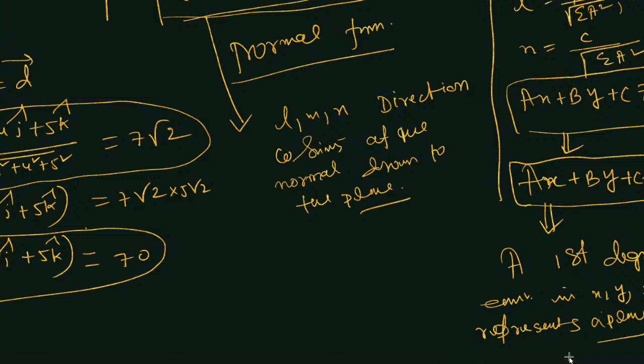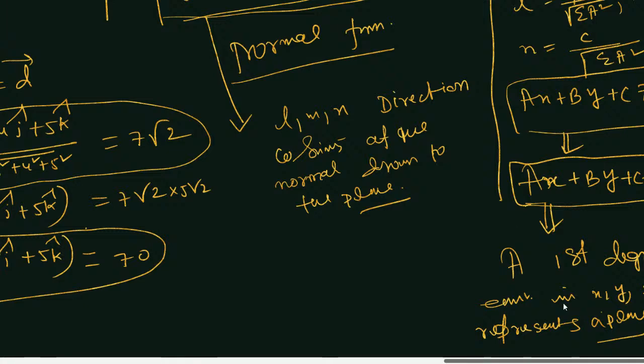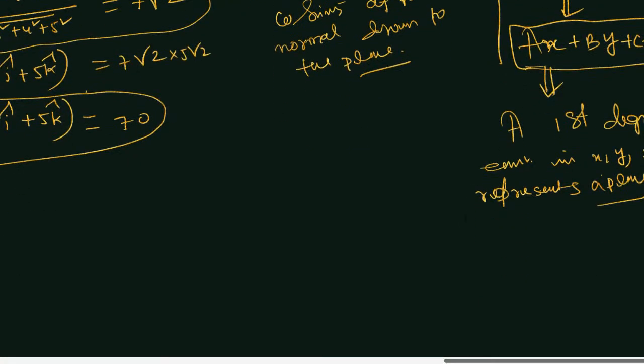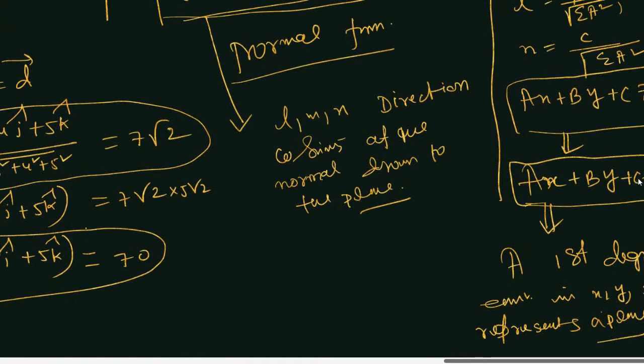This one is a first degree equation in x, y, z. It will always represent a plane: ax plus by plus cz plus d equal to 0. Never forget that. These a, b, c are direction ratios of the normal drawn to the plane.